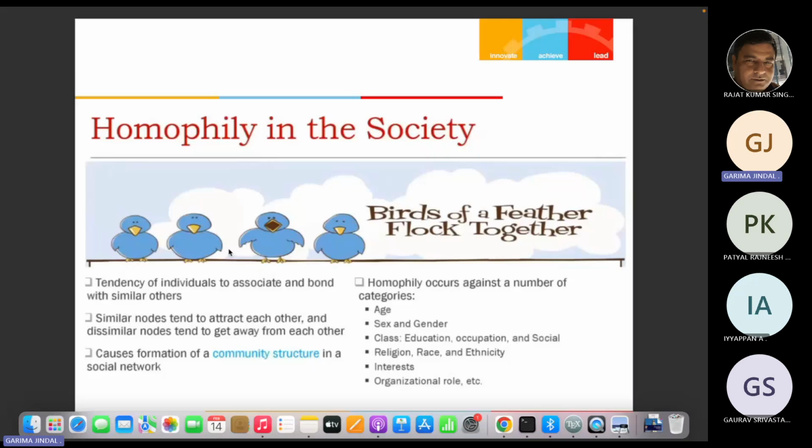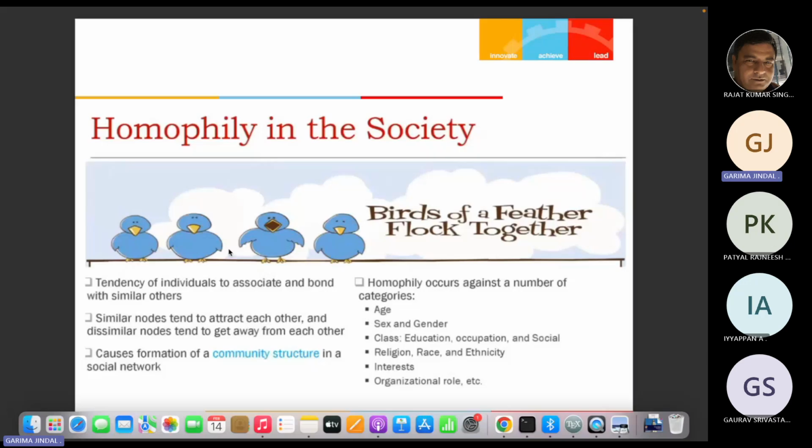Now, homophily is the reason why there are communities in the network. It is one of the properties that exists in social networks because of which we have communities. Whereas in random graphs, we have connections, but we do not have communities. There was an experiment done in the 1930s, very early, in a classroom setup, where a researcher tried to identify the relationships between the nodes.